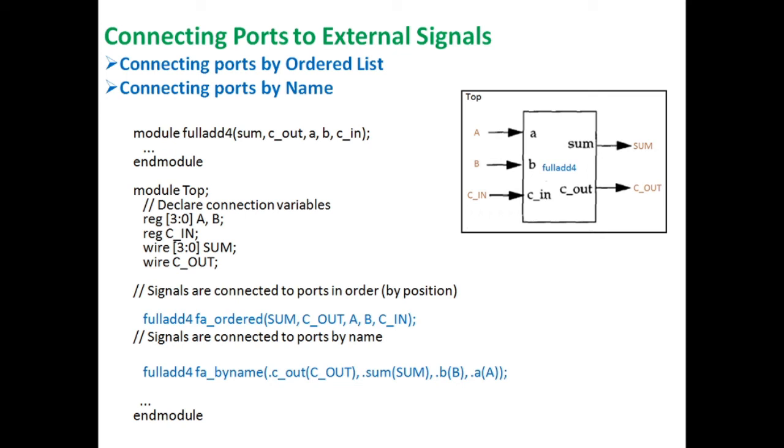for example, we may have many bigger modules. Bigger modules may have many input ports and many output ports present. So at some time, remembering the order of the ports from the module definition is sometimes impossible. For example, I may have A, G, I, K, L, M. This order if I maintain, I cannot remember this random order, right?